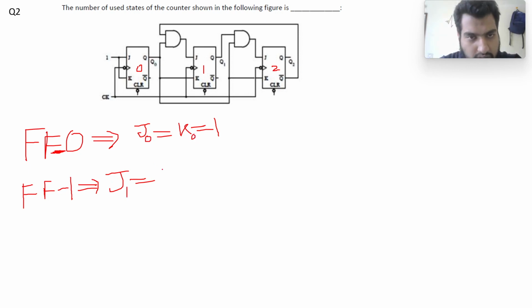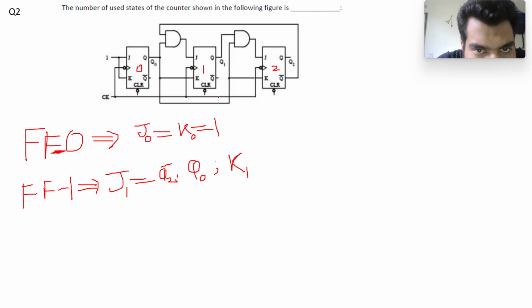So J1 is equal to Q2 complement ANDed with Q0. And K1 is, okay, K1 is Q0. If you can see this one, K1 is Q0.